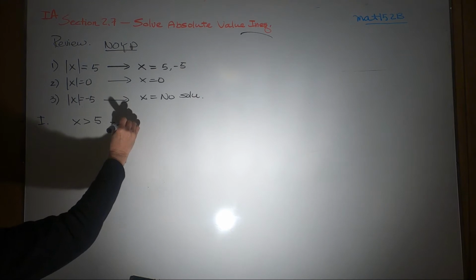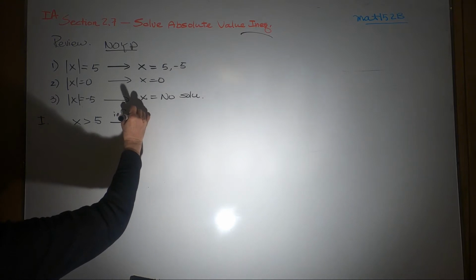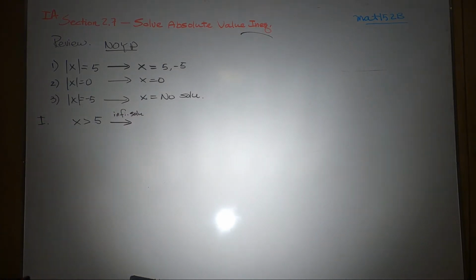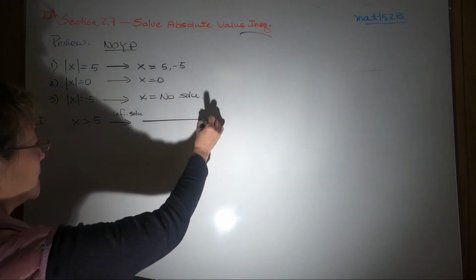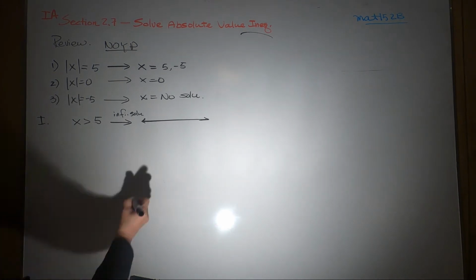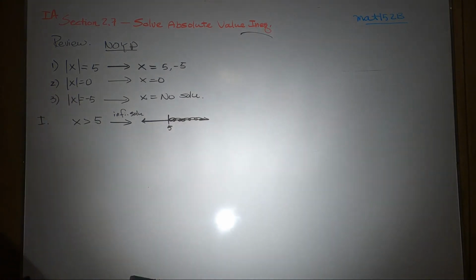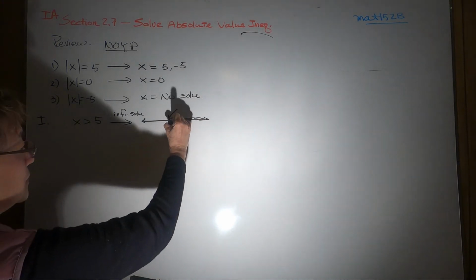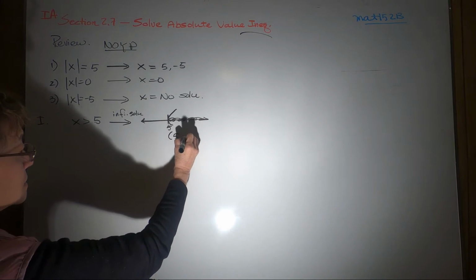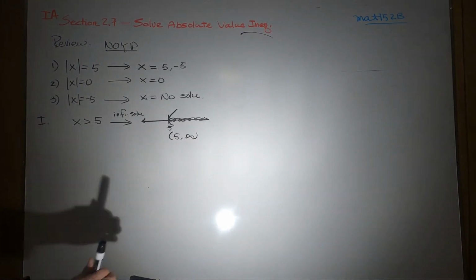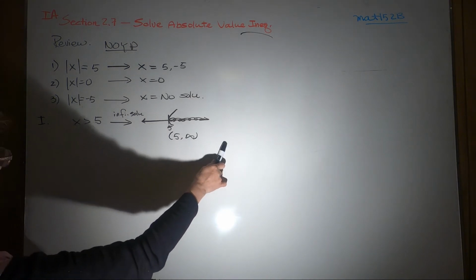For infinite answers, you cannot show it just by equals something. You need to do it with a graph. So you say, okay, this is 5, and anything beyond the 5, we do this way, not including 5. So we do the graph, or we do it with interval notation: starting from 5, not including 5, forever to infinity.